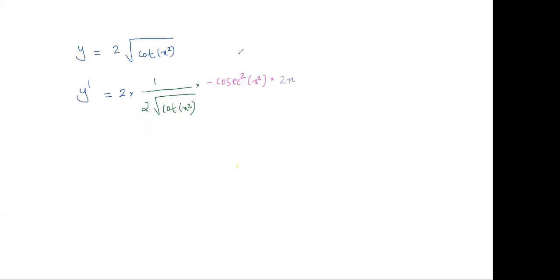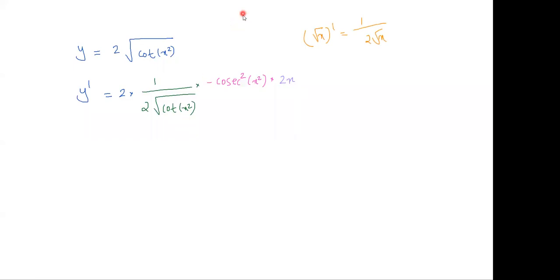Is it clear? सबसे पहले 2 constant था, so constant into derivative of, so it is of the form like this, root x का derivative the 1 by 2 root x, so that is why here 1 by 2 root x के जगह cot x square.